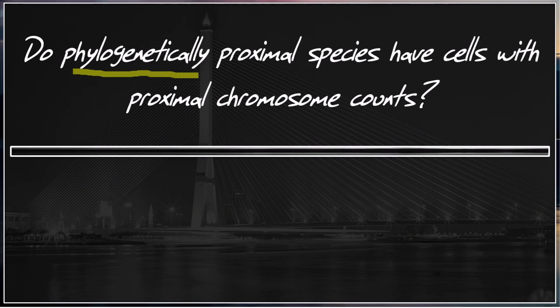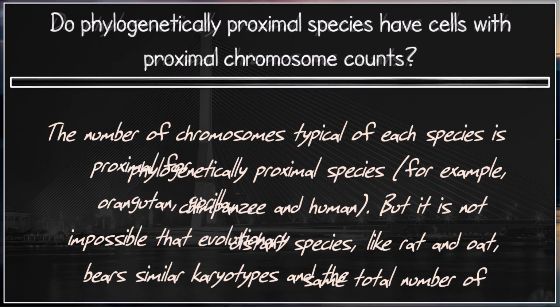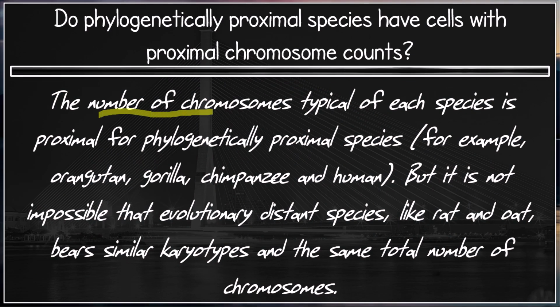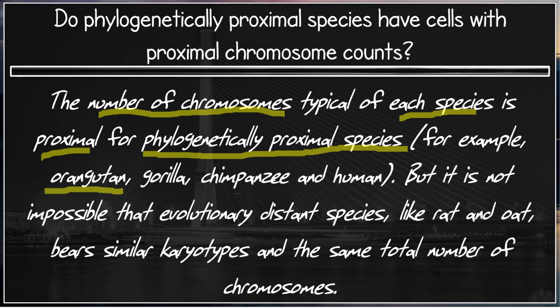Do phylogenetically proximal species have cells with proximal chromosome counts? The number of chromosomes typical to each species is proximal for phylogenetically proximal species. For example, orangutan, gorilla, chimpanzee, and human.